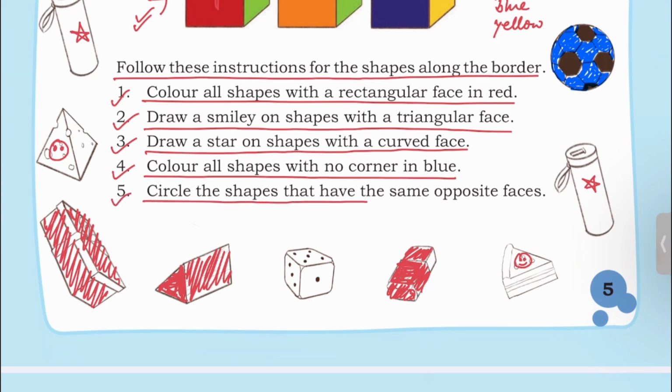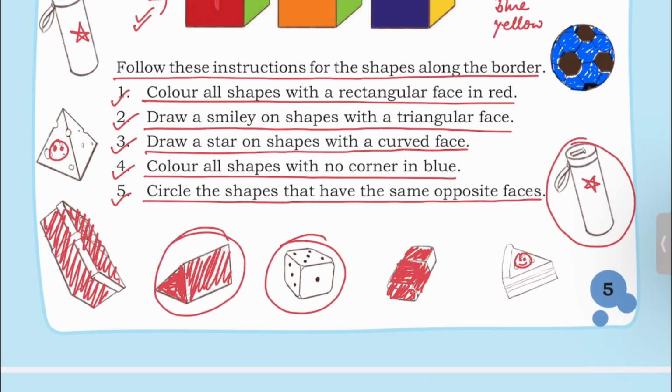Circle the shapes that have the same opposite faces. You can circle the shapes having the same opposite faces like this. Try to do it on your own.